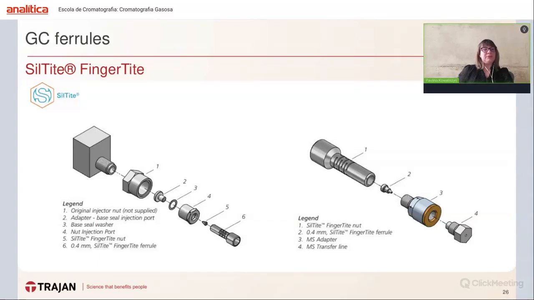And here there is a diagram of how the metal ferrules are installed. On the left side, we do have an expanded diagram of the injection port interface. On the right side, we do have an expanded view of the MS interface.